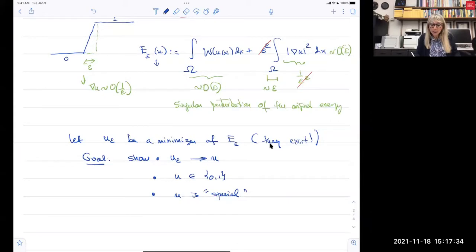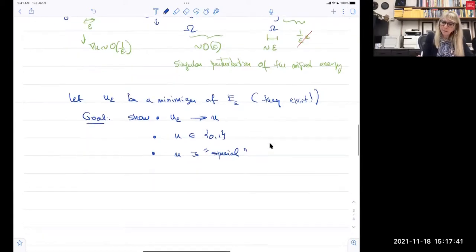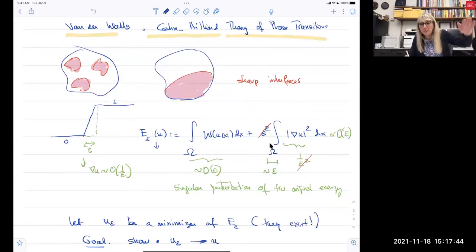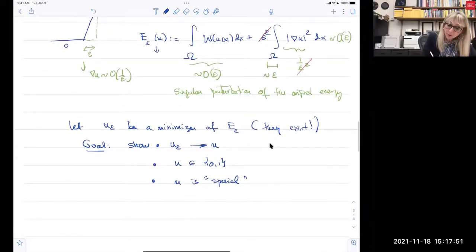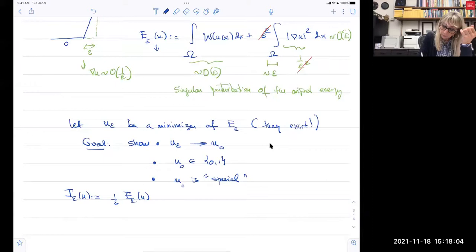Again, as I said, if you just leave it as it is, you don't see much because these energies go to 0. But it's of order epsilon, which means that if I divide through by epsilon, I get something of order 1, right? So let's do that. Let's take I epsilon to be 1 over epsilon E epsilon, which is now 1 over epsilon W of U plus epsilon gradient squared, dx.